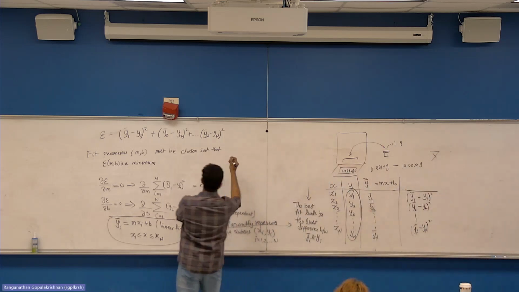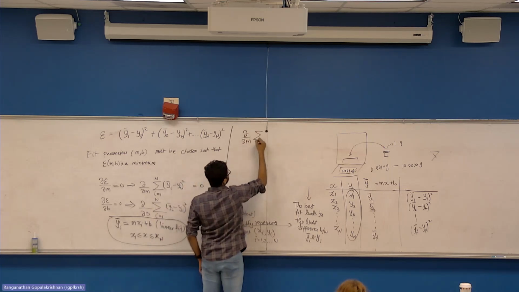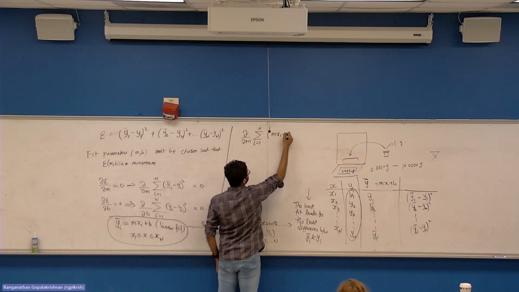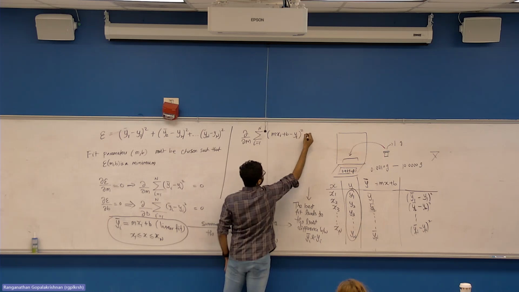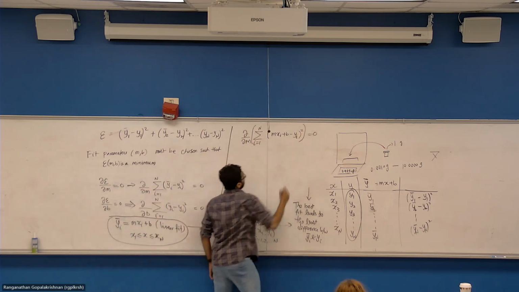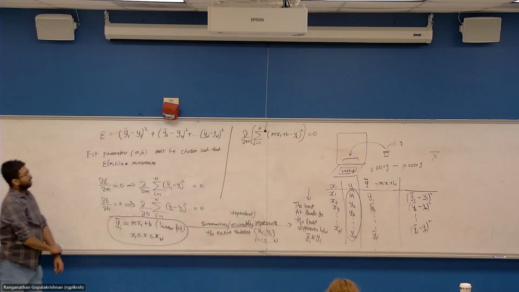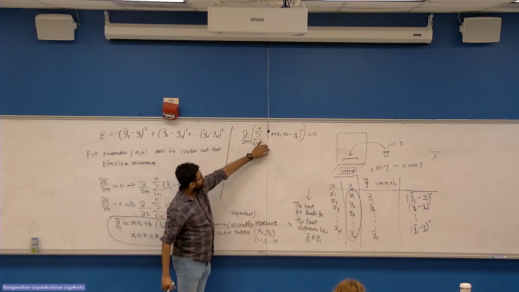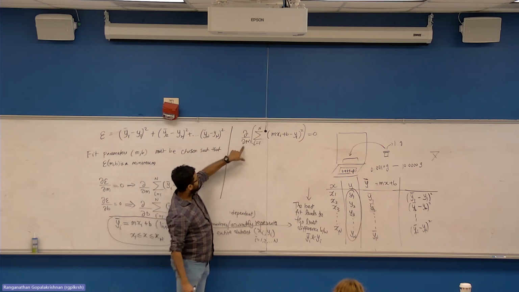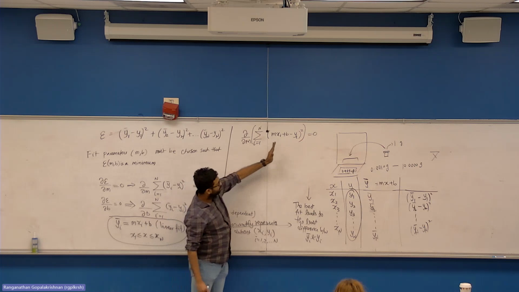Okay. So let's do some algebra here. Partial over partial m, sigma i equal to 1 to n, m xi plus b minus yi squared equal to 0. This is derivative of a sum, which you can write as the sum of a derivative. All I have to do, this is all linear, right? So this is like n terms, i equal to 1, i equal to 2, and so on.